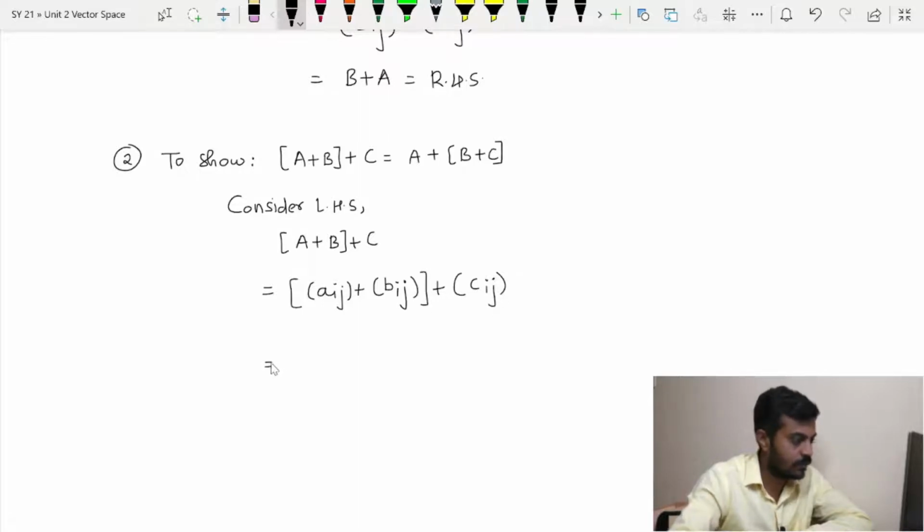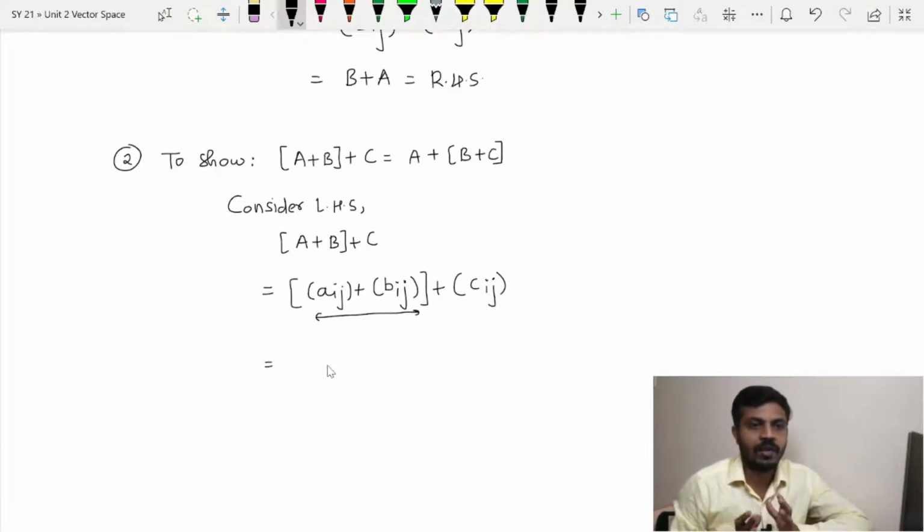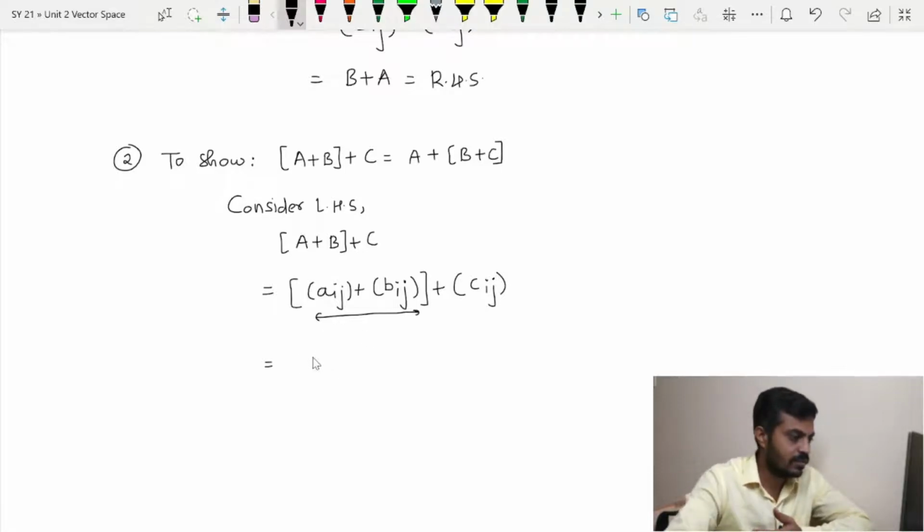which is equal to, now this, as I explained before, whenever we have 3 terms, and out of 3 terms suppose we have to add 2 terms, then that depends on the brackets given. So over here brackets are for the first 2 terms, so that is exactly what we are going to do. We will add that first. So by using the definition, this is Aij plus Bij, and this is plus Cij, right?